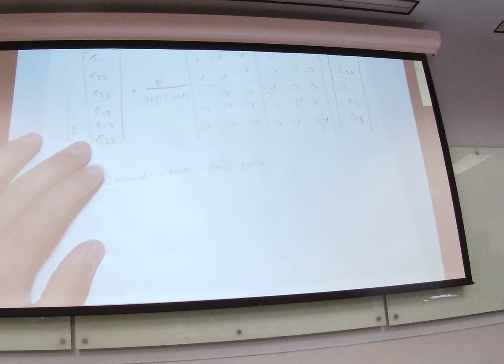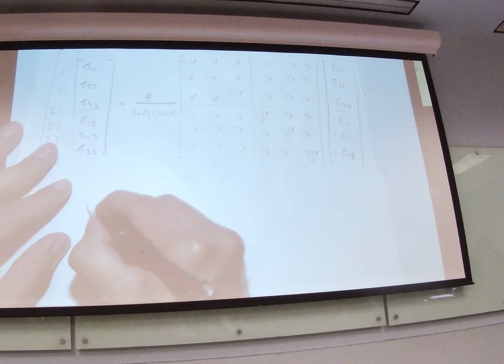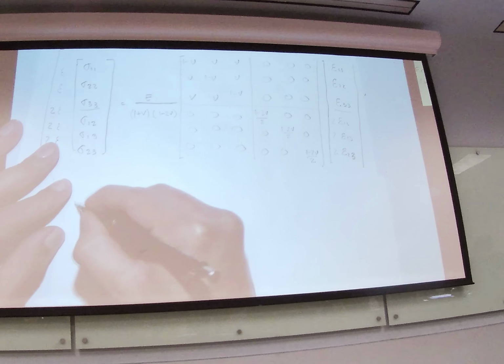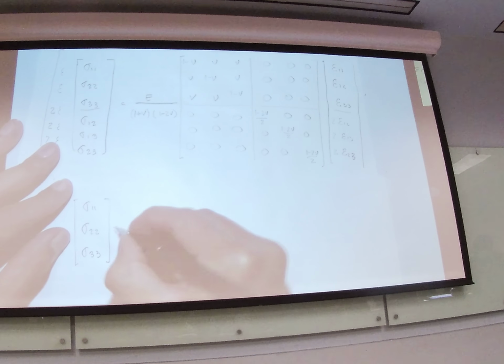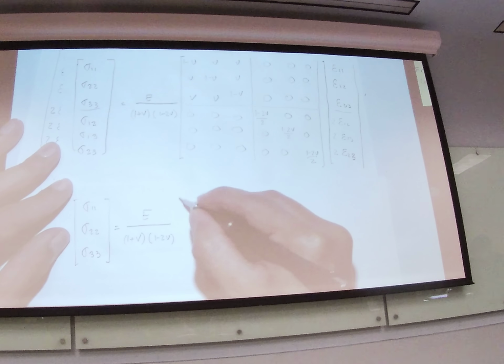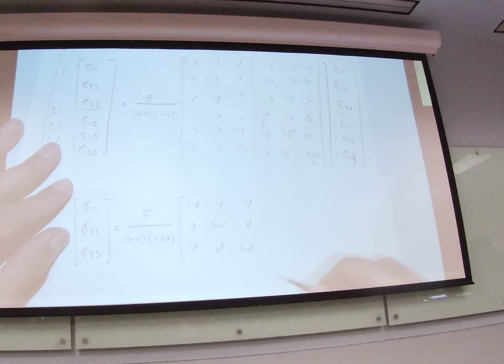If I do that, then I'm going to have sigma 1,1, sigma 2,2, sigma 3,3 equal to what I have above, times 1 minus Poisson ratio, and here Poisson ratio.